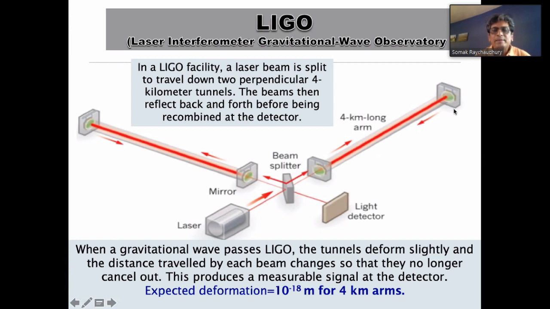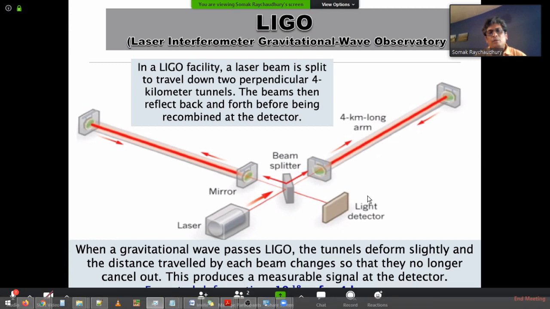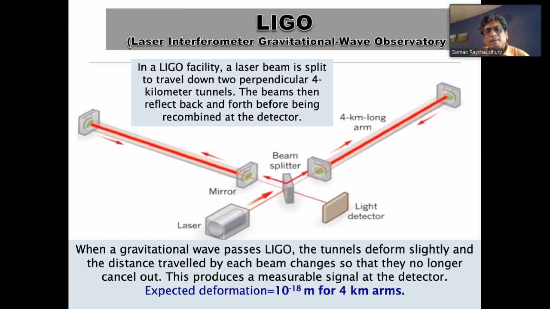And then what happens is that as the gravitational wave passes through the system, one of these arms would be deformed in a way that is different from the other. And as a result, the difference between the way the two arms respond to the passage of the gravitational wave will be detected.